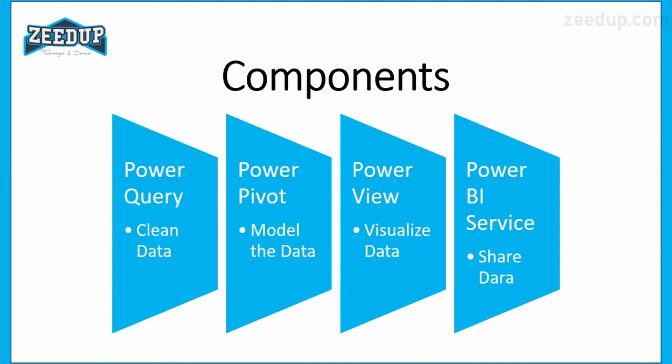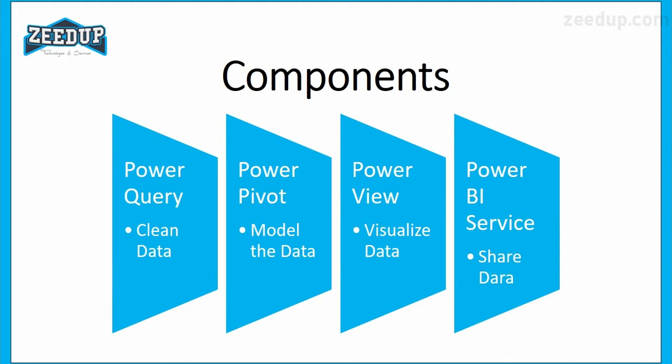Next important component is Power Pivot. Power Pivot is actually a data modeling and calculation engine that is used for modeling simple and complex data as well. In Power Pivot, we can set or create relationships between the different tables, calculate the values between them, or make a new table that is known as a pivot table, which is comprised of these different tables.